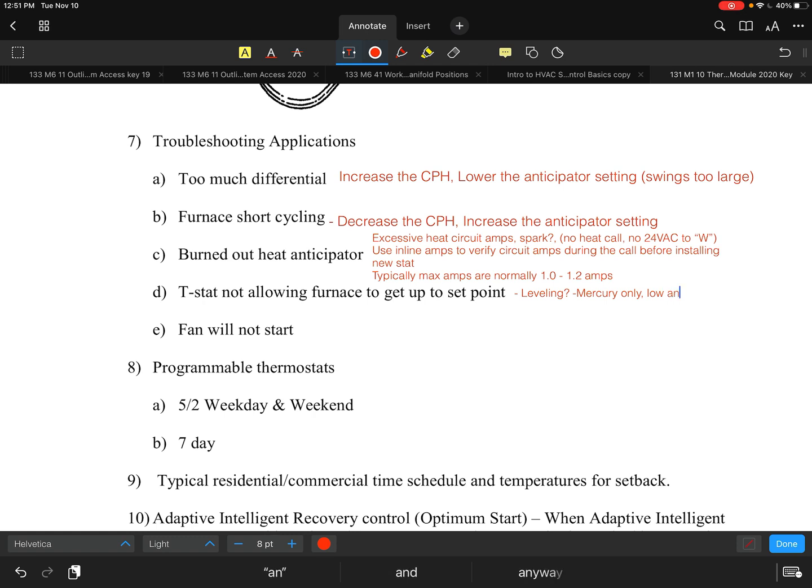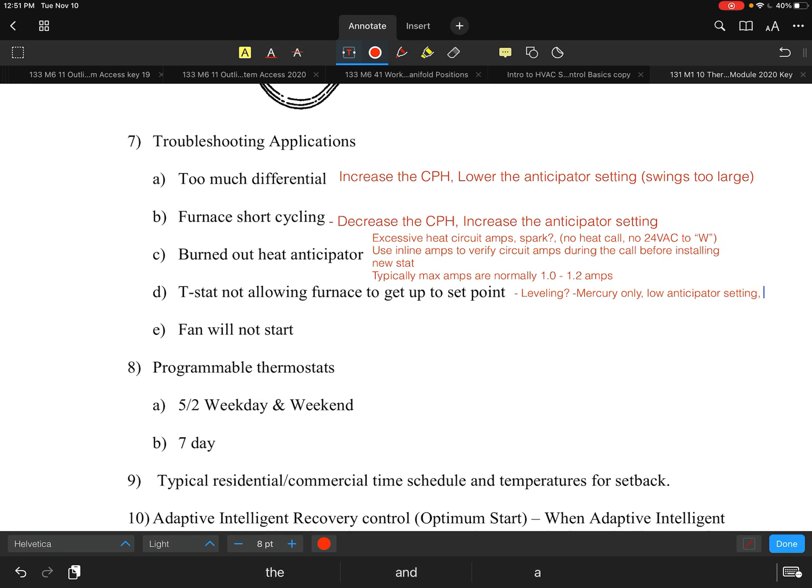Here's the other one that I talked about earlier. Watch for a low anticipator setting. If you have the anticipator set too low, it will actually provide too much heat in that anticipator, and it'll shut the furnace off well before you get to set point.